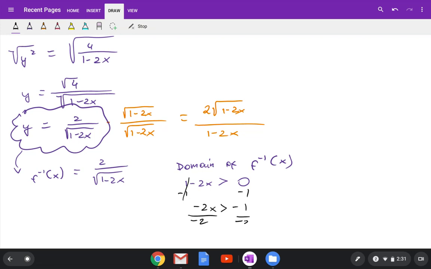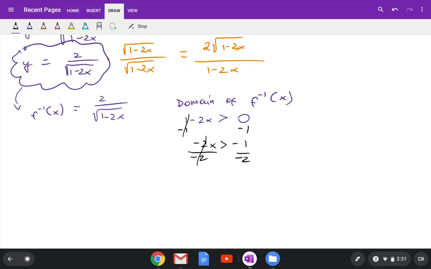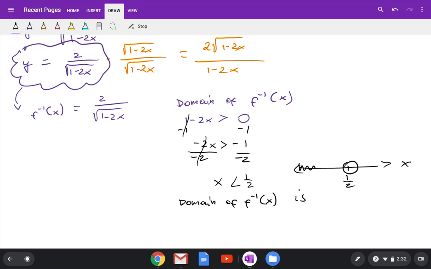Divide each by negative 2, and then you're getting that x is less than, because we're dividing by -2, we're switching the inequality, 1/2, which means the domain of the inverse is x less than 1/2. It's from -infinity to 1/2.